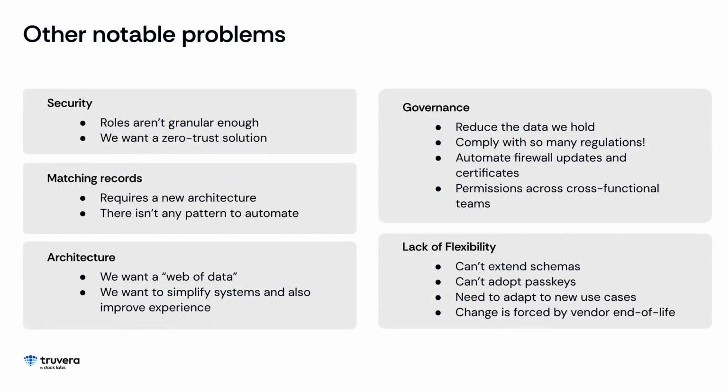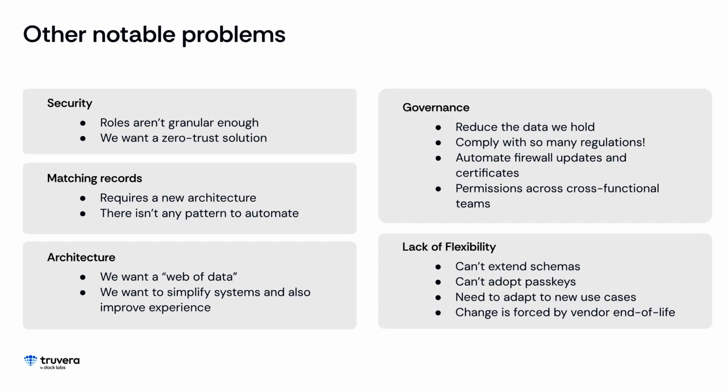As we have done these interviews, a few other notable problems have come up, themes that seem to recur. Security comes up. People want more granular roles than are handed to them by specific out-of-the-box IDPs or applications. They want to move towards zero trust solutions and authenticate more regularly in the flows, but that's hard to do with existing technology.